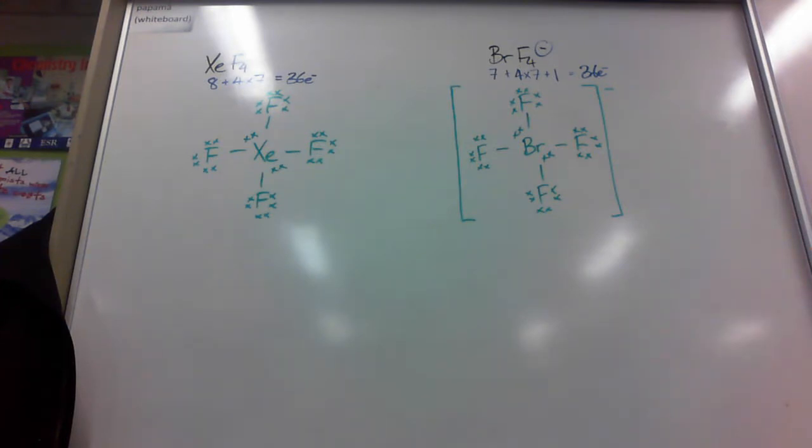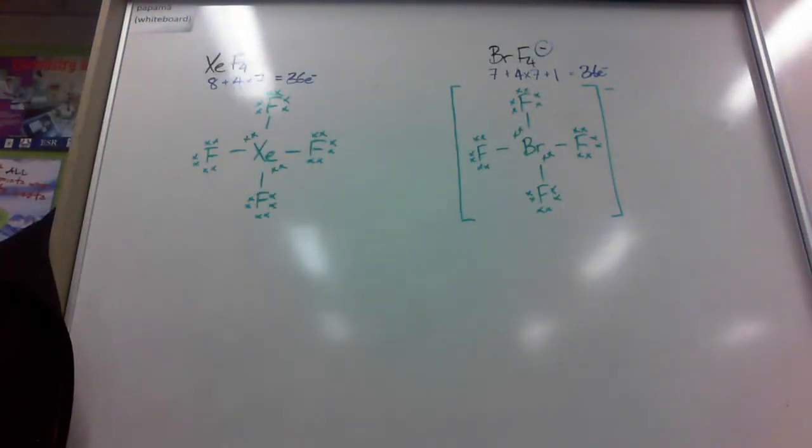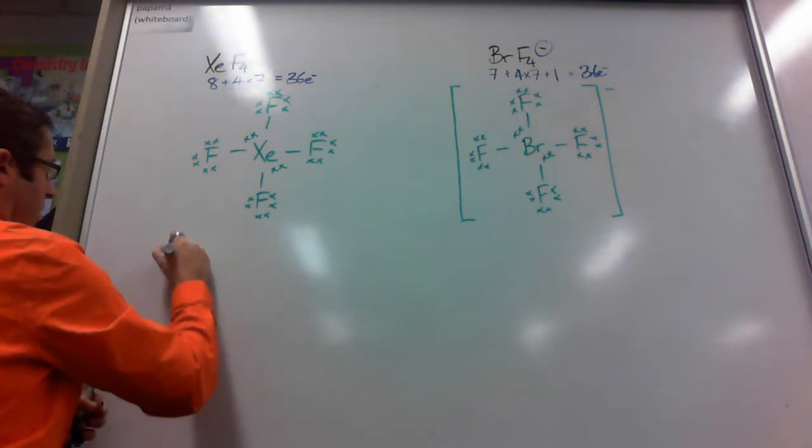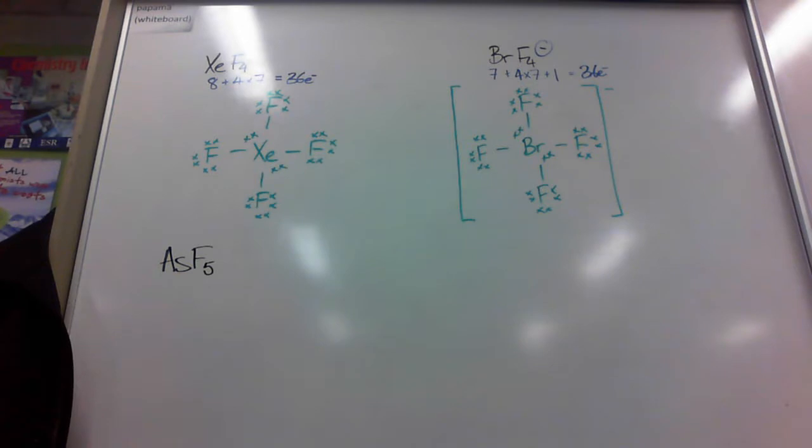The next one that you identified was AsF5, so arsenic pentafluoride. Now arsenic is below phosphorus, which is below nitrogen in group 15. So it means that it's got 5 valence electrons.